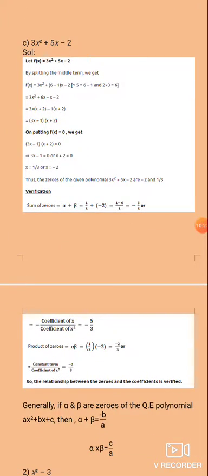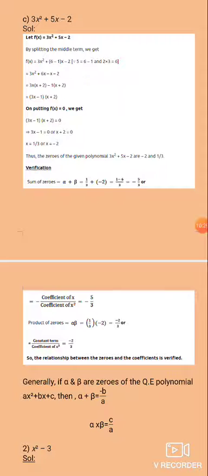Now generally we can write, if alpha and beta are the zeros of the quadratic polynomial, consider the two zeros as alpha and beta. The quadratic polynomial, standard form is ax square plus bx plus c. Then alpha plus beta is equal to what? Minus b by a. You need to learn this by heart.